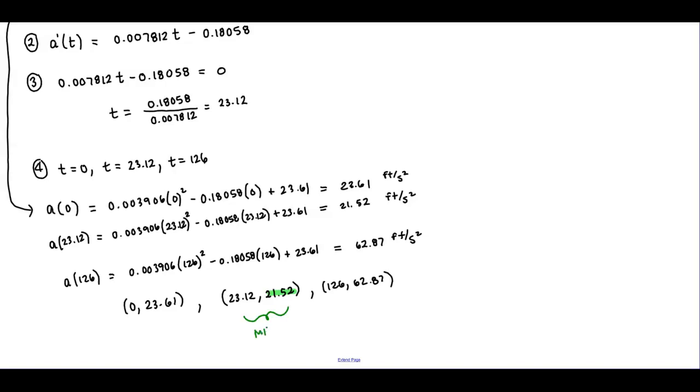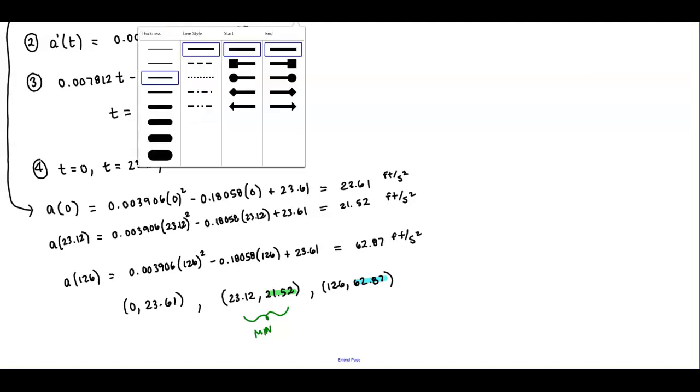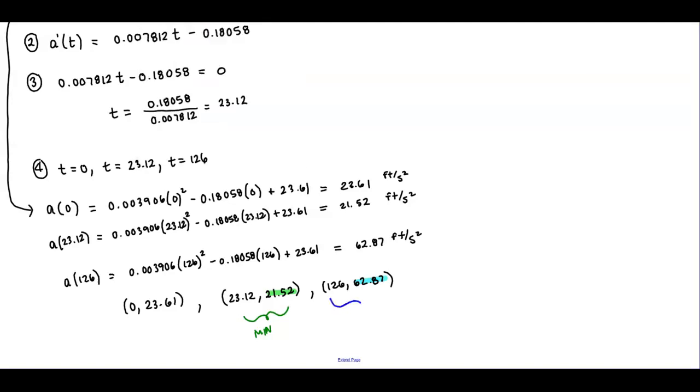So this is the minimum value. And then if we look at this y value here, this is 62.87, and that's going to represent the maximum value.